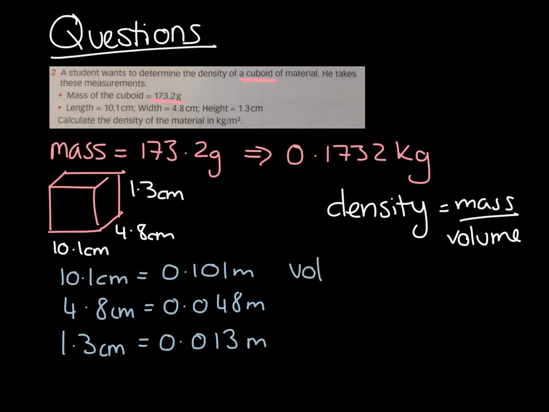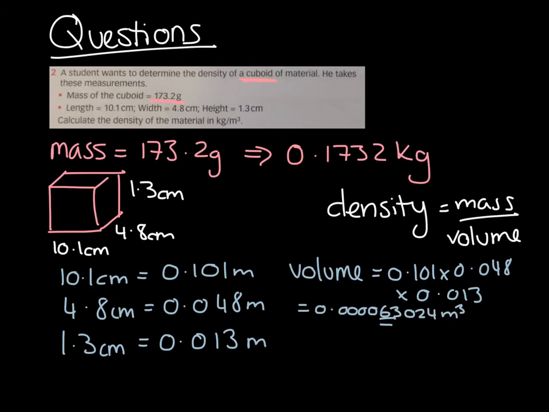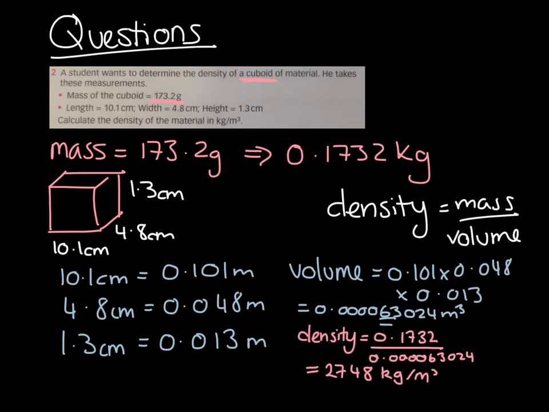So my volume is going to equal 0.101 times 0.048 times 0.013, and that equals 0.000063024 metres cubed. And then if I use those numbers to calculate the density, I've got the mass from up here divided by the volume from here, and that leaves me with 2,748 kilograms per metre cubed.